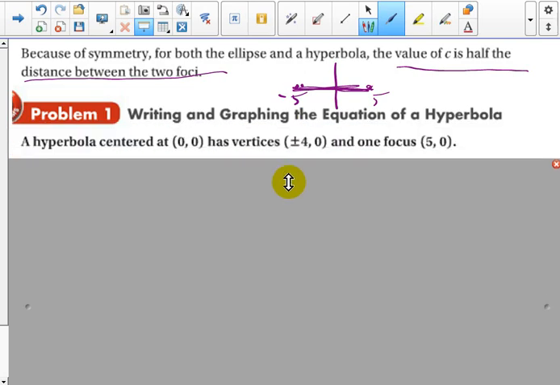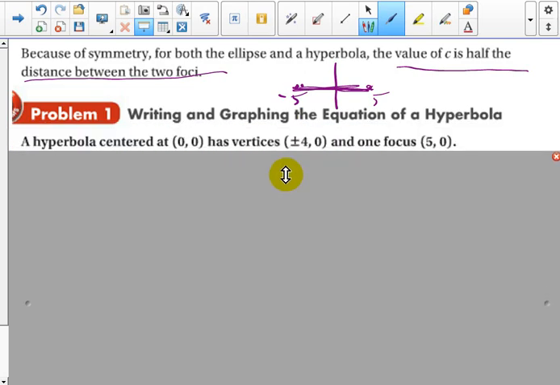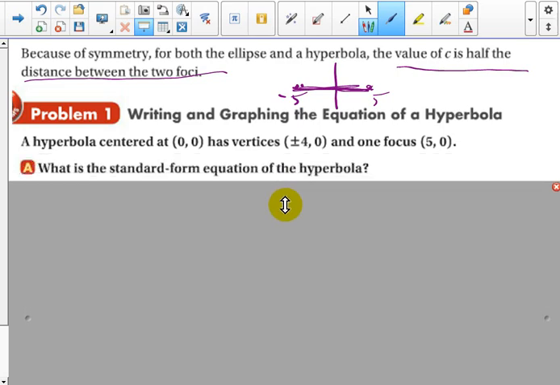Writing and graphing the equation of a hyperbola. A hyperbola is centered at 0, 0 and has vertices of positive and negative 4, 0 and one focus of 5, 0. So what is the standard form equation of the hyperbola? We know this is a hyperbola centered at 0, 0, so the center is there.